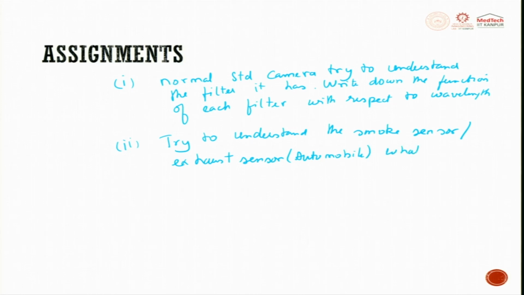What does it measure and how? So, try to solve or understand or try to do this assignment. This will try to give you more understanding about multi sensors of different output parameters you get, and then through that you try to monitor the process. Thank you very much.